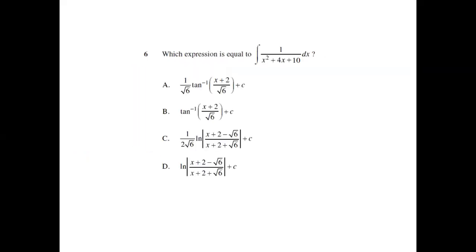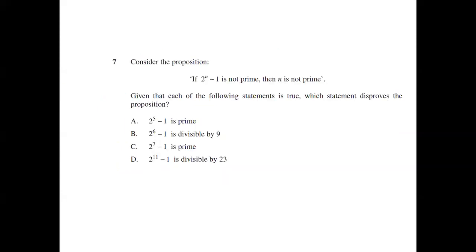Question 6 is integration. They just have to complete the square. The most common response is A. The next one is C, then B, and the least one is D. And again, the answer is A, which is the most common response. Number 7, if 2 to the n minus 1 is not prime, then n is not prime.